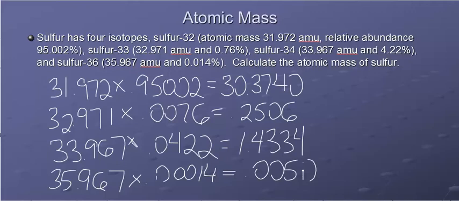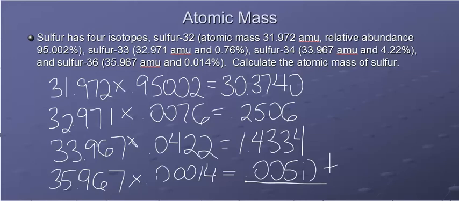I just carry out about 4 decimal places. It really doesn't matter, but I'm carrying out 4 decimal places in these. So I multiply the mass times the abundance. I want to calculate the atomic mass of sulfur. Those are all the isotopes, the 4 isotopes. I simply add these 4 numbers together, and I'm going to get the atomic mass.